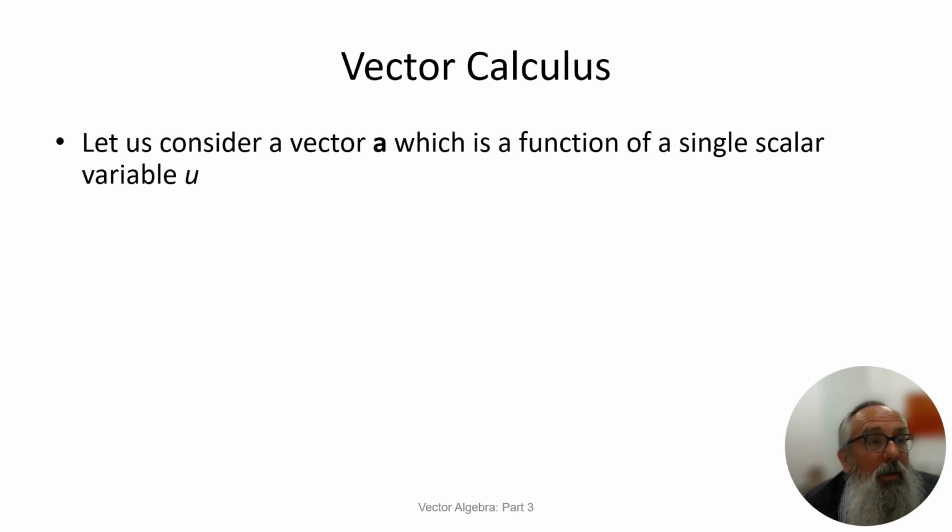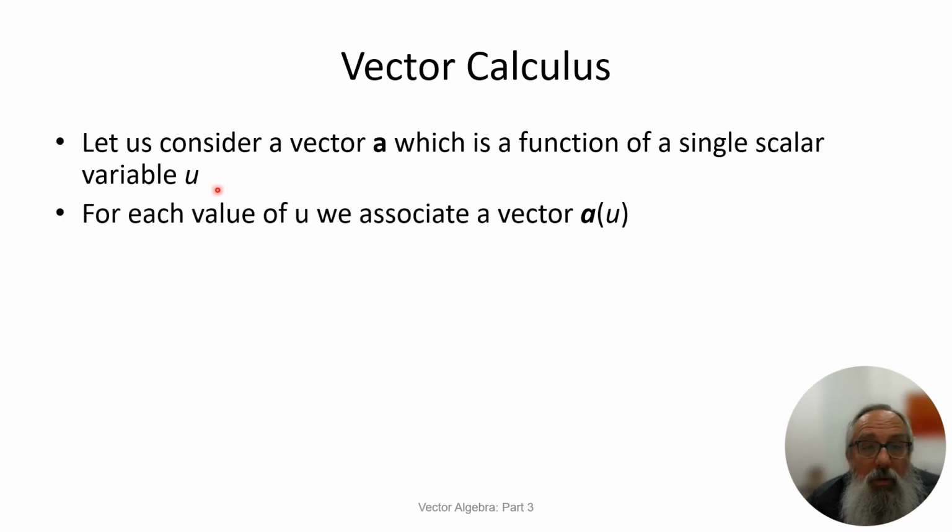So, vector calculus. Let's consider a vector A with a single variable u. For each value of u, we associate a vector A, and we've written down A(u), so we've got this vector for each one.